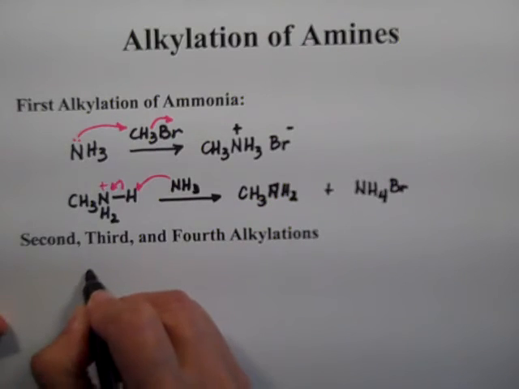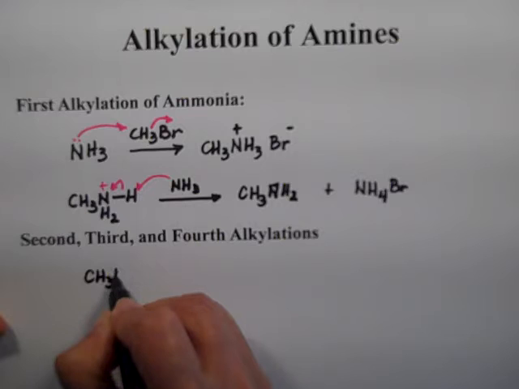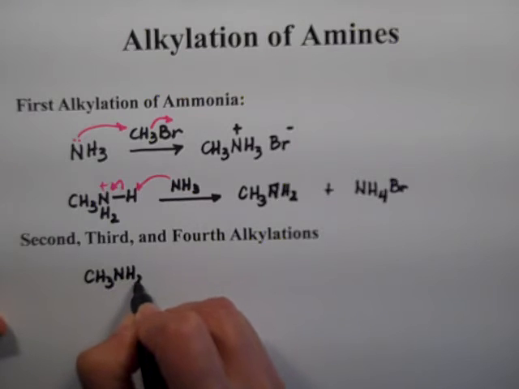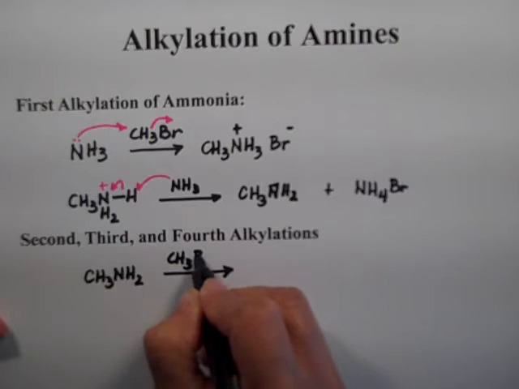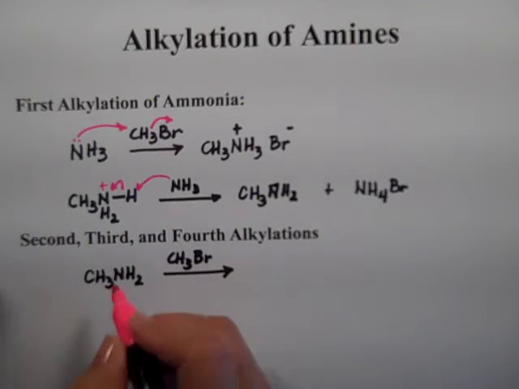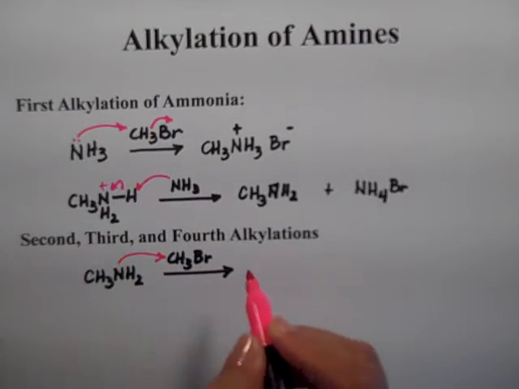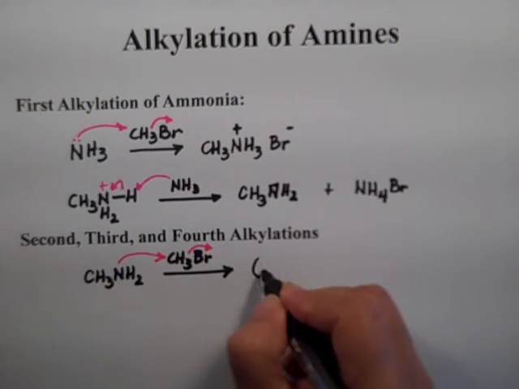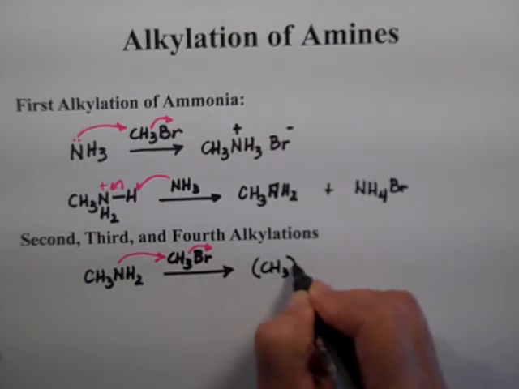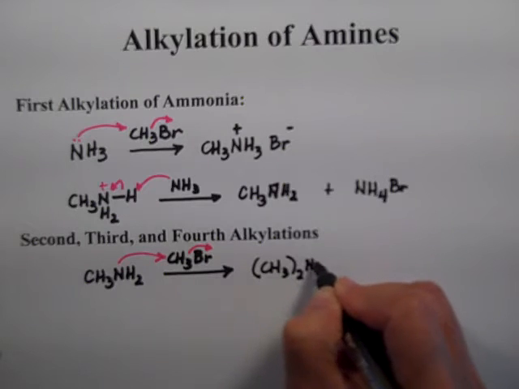So what's going to happen is that you're going to alkylate a second time. There's nothing you can do. You can measure as much as you want, and this nitrogen, the methylamine, is still going to be more nucleophilic. So now you're going to have 2 methyls on your nitrogen.